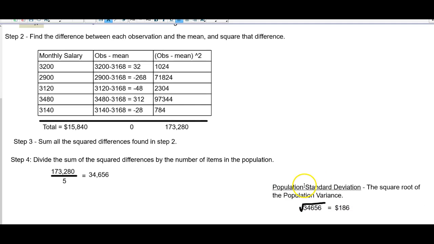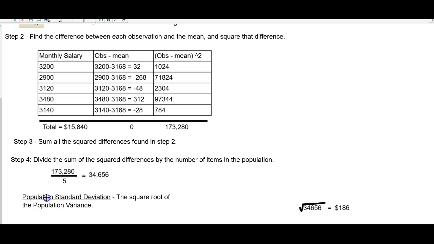I just want to add on here something that wasn't covered in the lecture video. So I just finished talking about how the population variance answer is a squared unit. And so what we can do, and for this, it's from your textbook, page 81, is the population standard deviation.